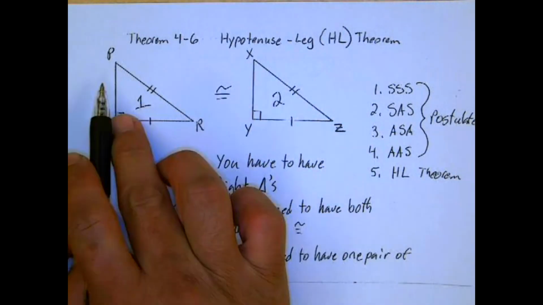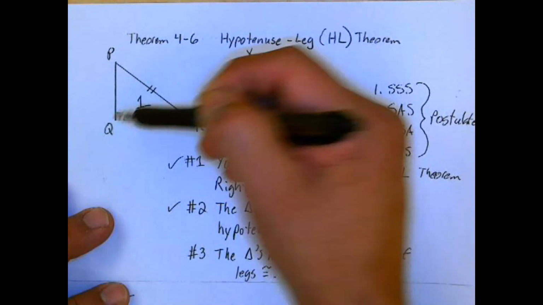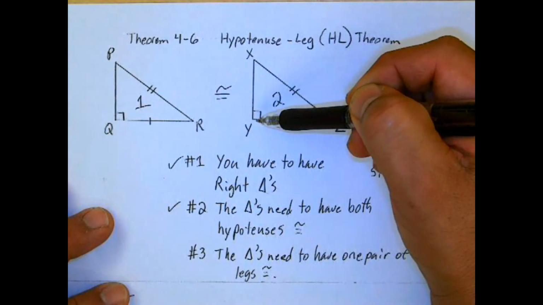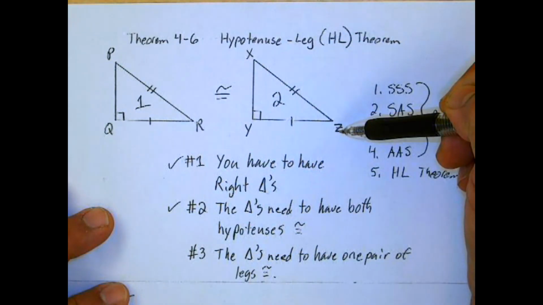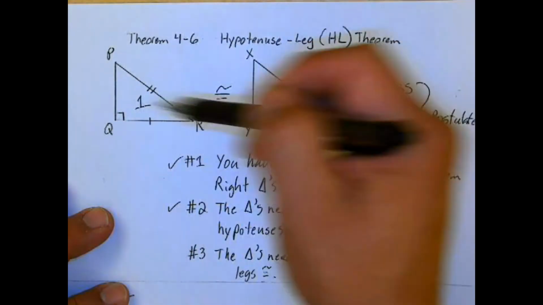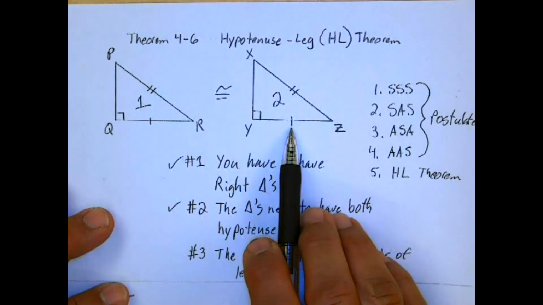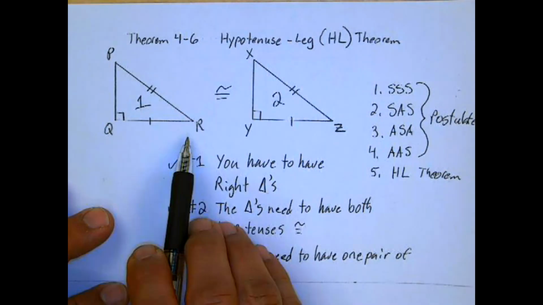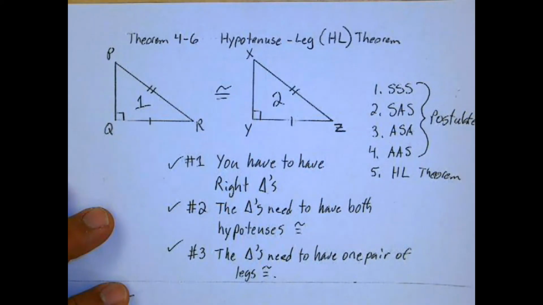Well, a leg is either side. It doesn't matter which one. So we can say PQ, XY should be congruent, or QR and YZ should be congruent. At least one of those 2 pairs needs to be congruent. And if you notice here, that's got a single tick mark. This has a single tick mark. So QR is congruent to YZ. And so we have one pair of legs congruent. Okay, so we can check that off.